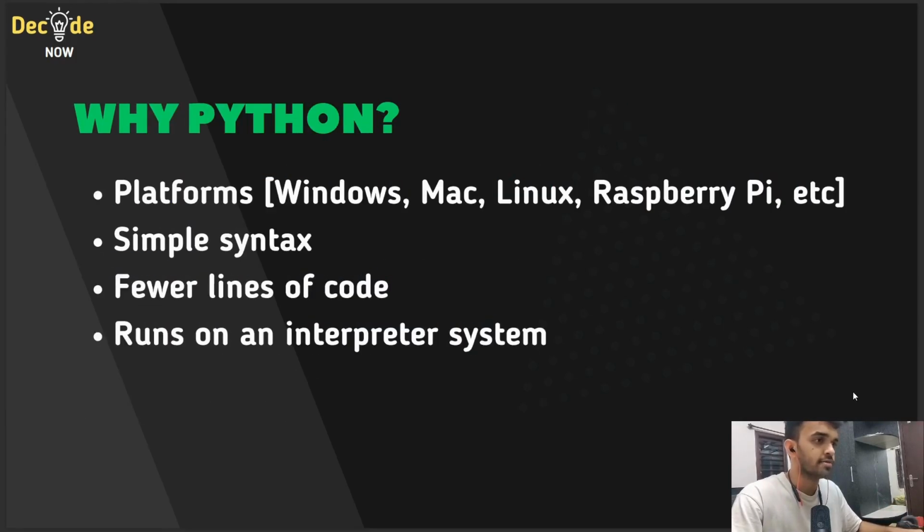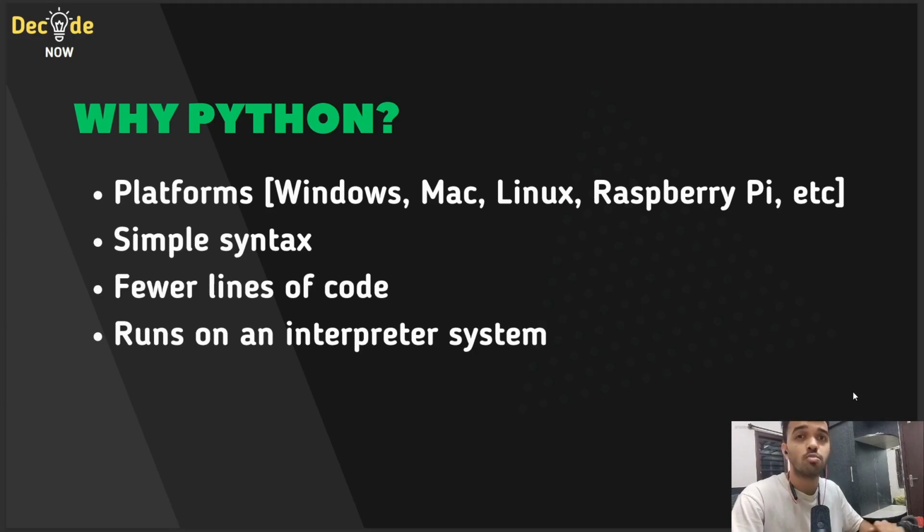Moving to the next slide, why Python? Why as a programmer or a developer should we choose Python? The first point, platforms. So if you are a Windows user, Mac user, Linux user, or a Raspberry Pi user, you can use Python. So Python code runs in all these platforms. And the second point is simple syntax.